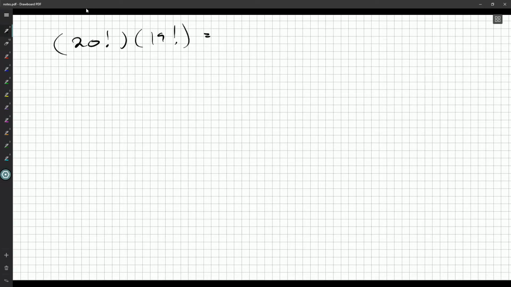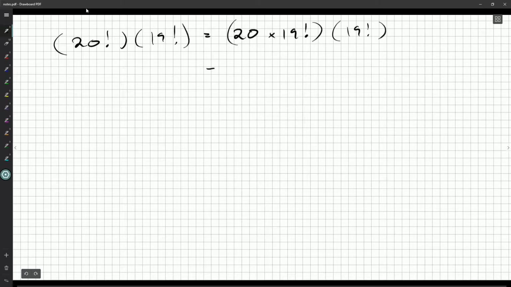Now, why do I bring this up? Well, on the top for every single expression, we've got 20 factorial times 19 factorial. Now, if we're looking for perfect squares, we might try to match things up. So watch what happens. 20 factorial, I'm going to write it as 20 times 19 factorial. Pull out the 20.